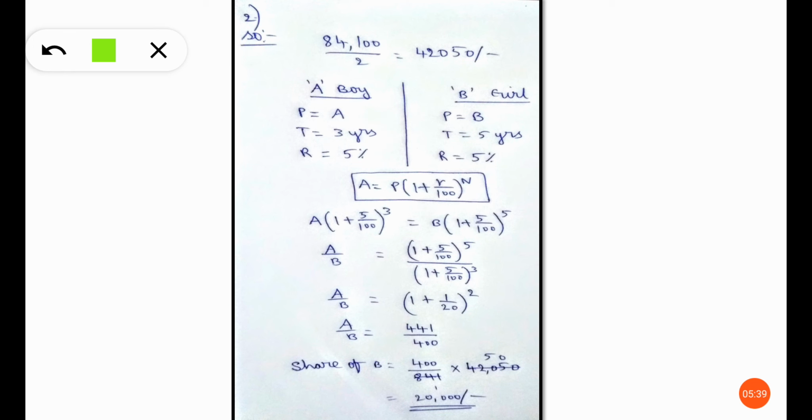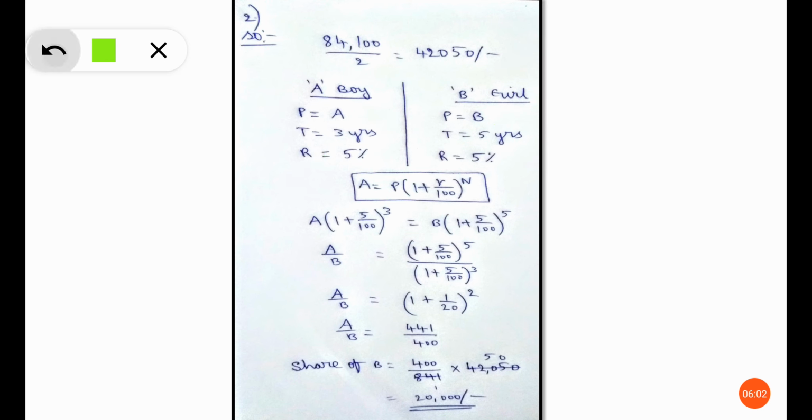84,100 is divided into 42,050. Boy A, we don't know the principal of boy A, so we'll consider the principal as A. Time is 3 years, R is 5%. When coming to girl B, we also don't know her principal, so we'll consider it as B. Time period is 5 years and rate of interest is 5%.